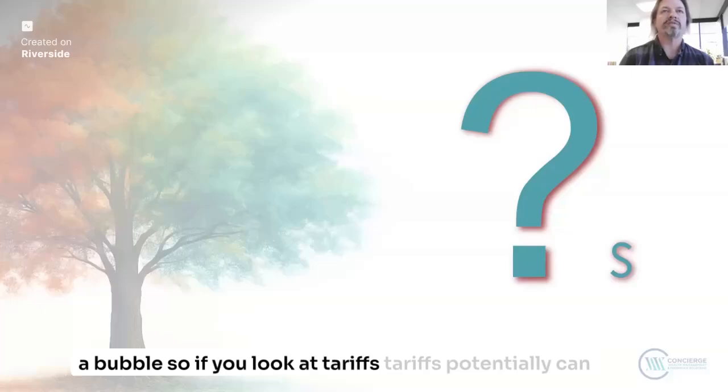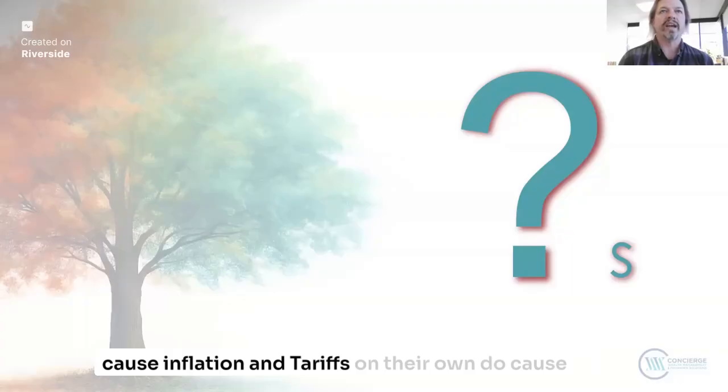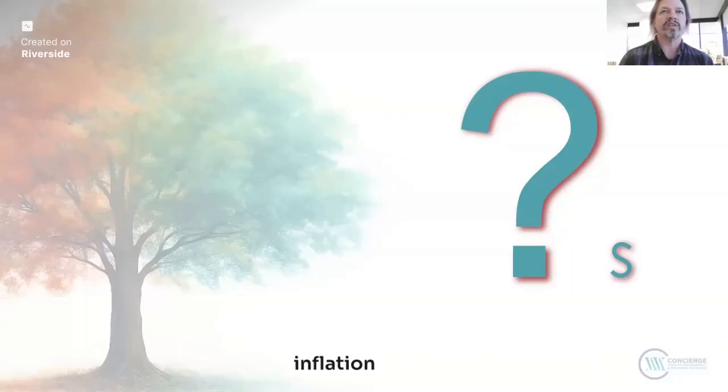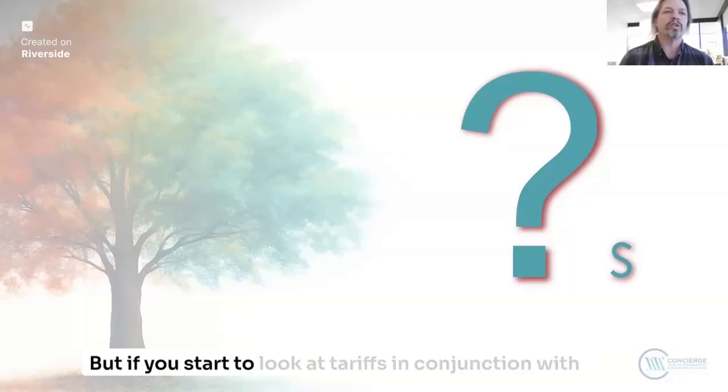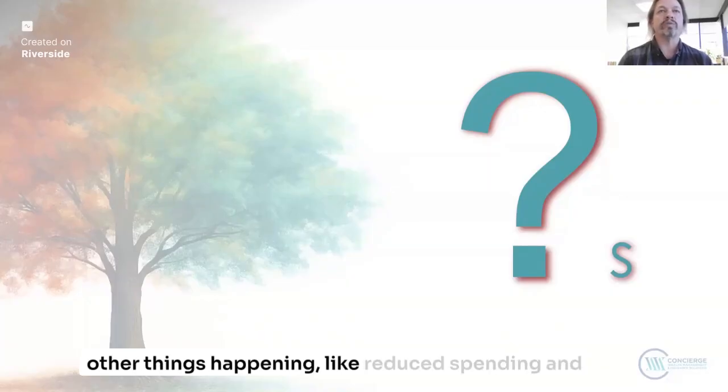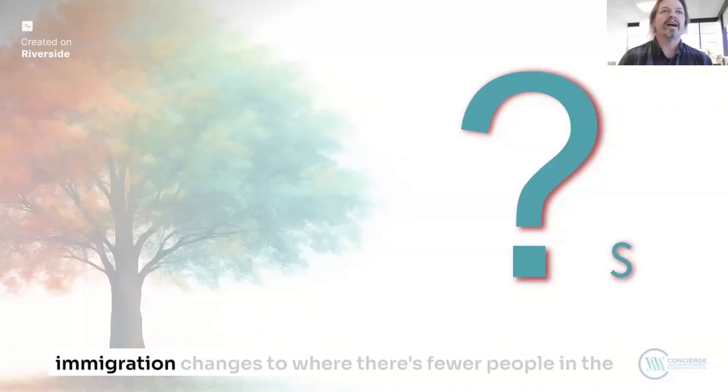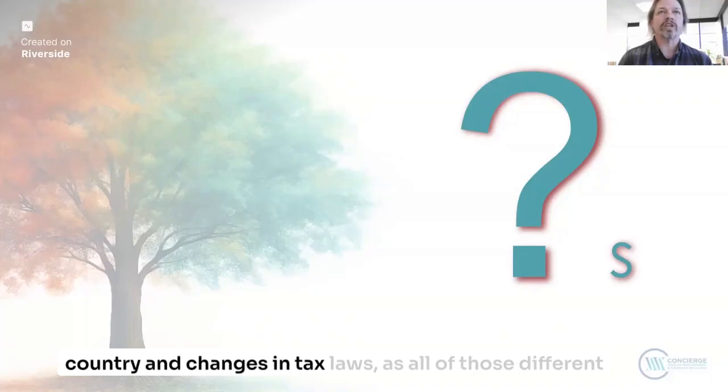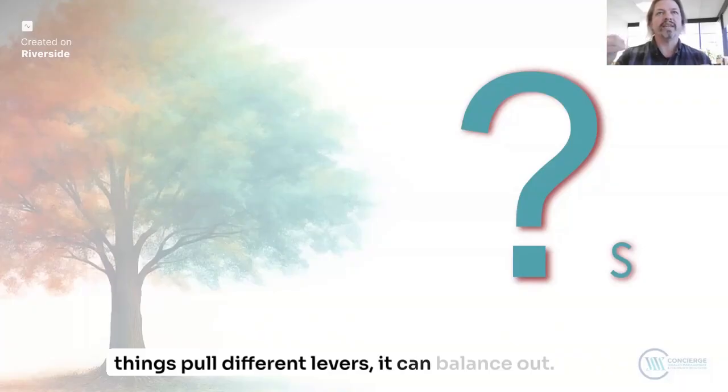So if you look at tariffs, tariffs potentially can cause inflation, and tariffs on their own do cause inflation. But if you start to look at tariffs in conjunction with other things happening, like reduced spending and immigration changes to where there's fewer people in the country, and changes in tax laws, as all of those different things pull different levers, it can balance out.